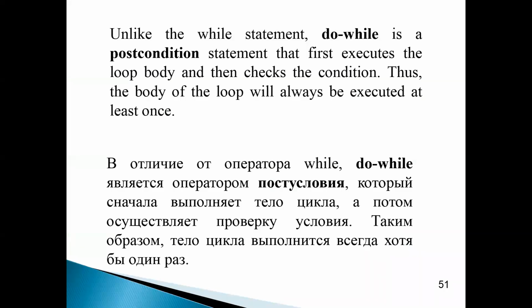Unlike the while statement, do while is a post-condition statement that first executes the loop body and then checks the condition. Thus, the body of the loop will always be executed at least once.